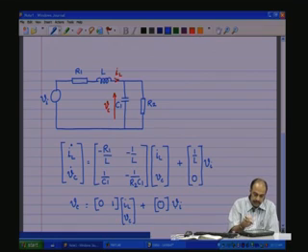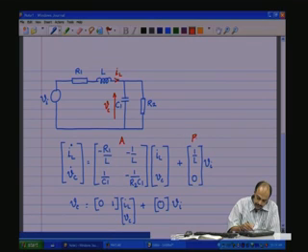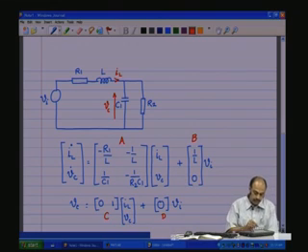So, this is our state equations that we have to input, and this is our A matrix, this is the B matrix that we need to input, this is the C matrix and the D matrix. Output is whatever we choose.